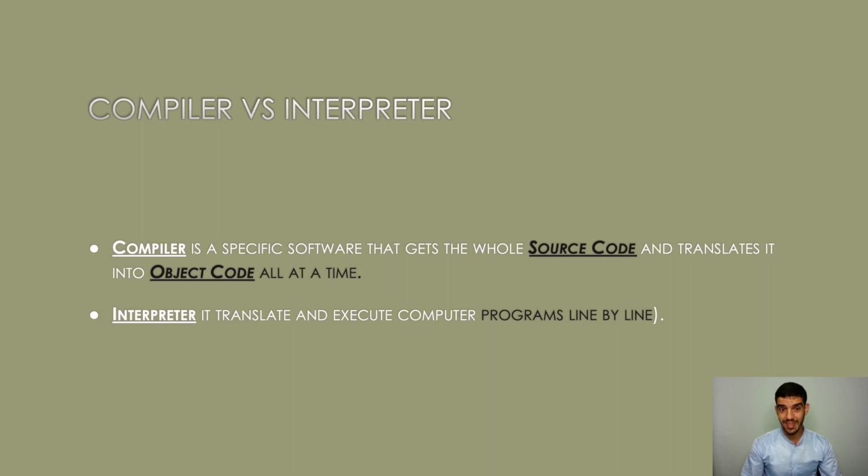It is software that translates the code that we write into machine language, and then translates from machine language to a human-readable form so the user can see the output. What is the difference between them? The compiler is going to take the whole code and translate it at once, while the interpreter is going to translate and execute the computer program line by line.